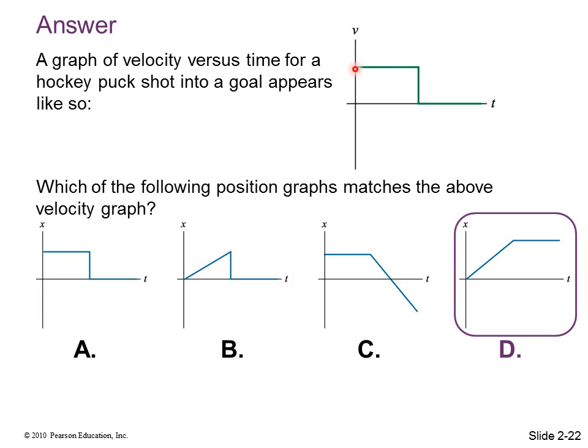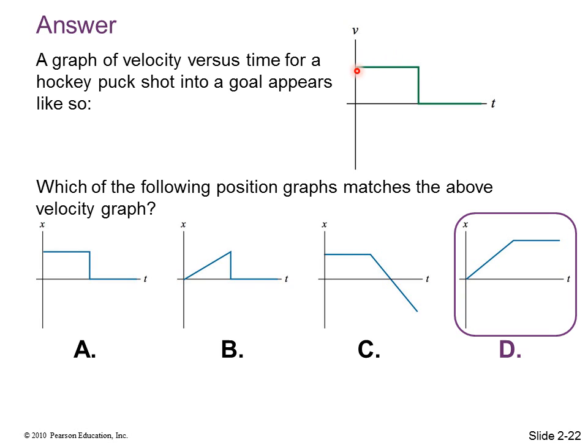So this hockey puck is traveling constantly at 3 meters per second. It's uniform motion. Then all of a sudden, boop, it's going 0 meters per second. So it's stopped. Let's take a look at the answer selections below and see which ones match up with the first half of the graph, what's occurring.